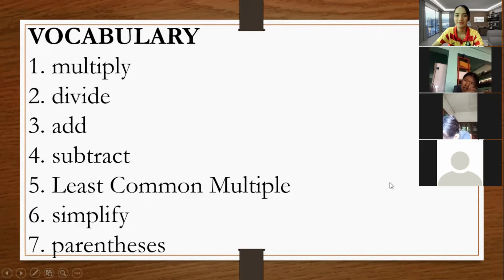Multiply. What number are you? Divide, add, subtract, least common multiple, simplify, parenthesis. Very good. Thank you. Next will be Pang.